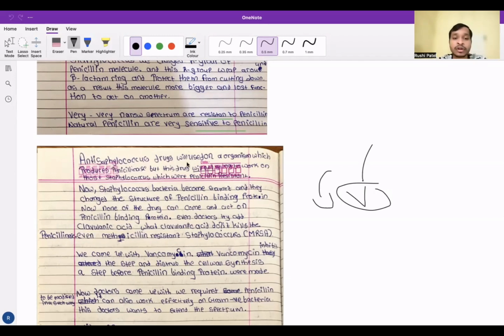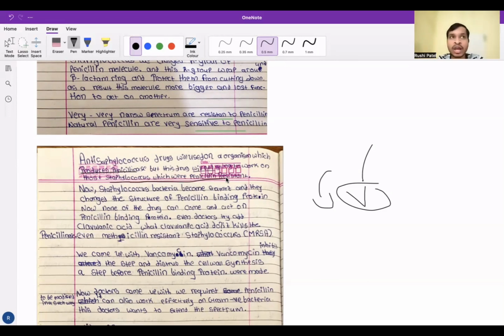The anti-staphylococcal drug will be used only on the organism which produces the penicillinase. But this drug will not work on those staphylococcus which are penicillin resistant, meaning methicillin resistant or anything like that.